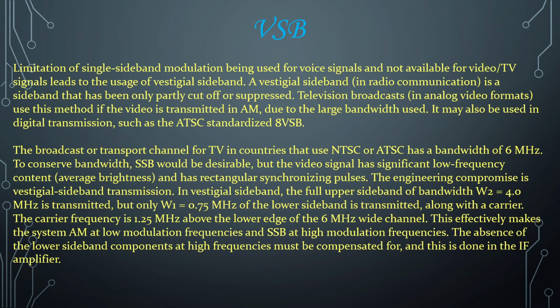Television broadcasts in analog video formats use this method if the video is transmitted in AM. Due to the large bandwidth used, it may also be used for digital transmission such as the ATSC standardized 8 VSB. The broadcast or transport channel for TV in countries that use NTSC or ATSC has a bandwidth of 6 MHz.